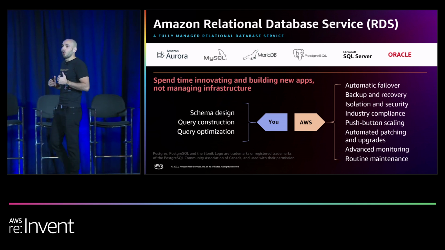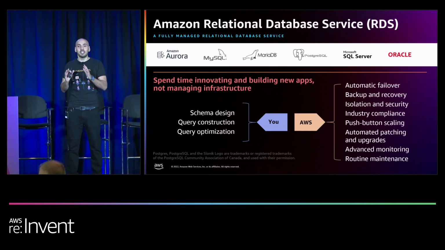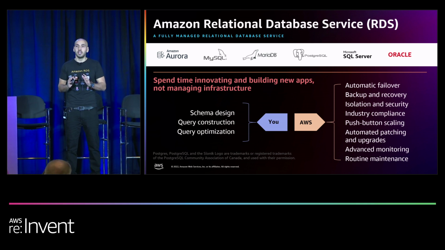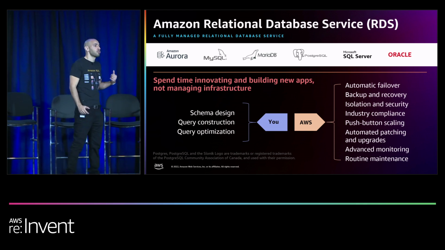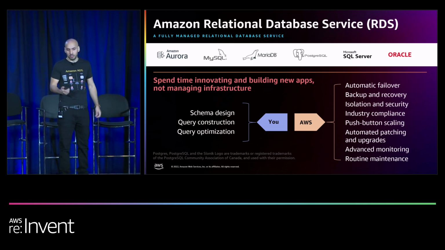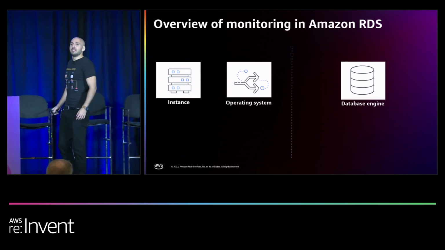And due to Amazon Aurora's unique features and characteristics, it is actually the fastest-growing service in the history of AWS, and tens of thousands of customers use it today and trust it as their relational database engine. All right, so let's start to dive a bit deeper.